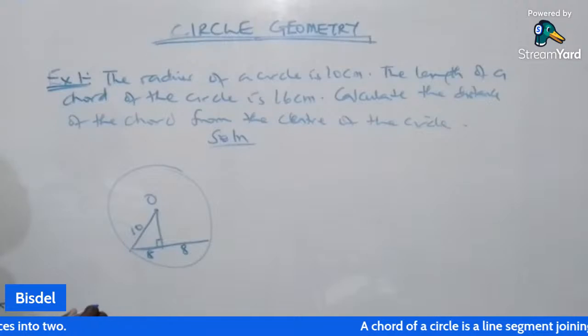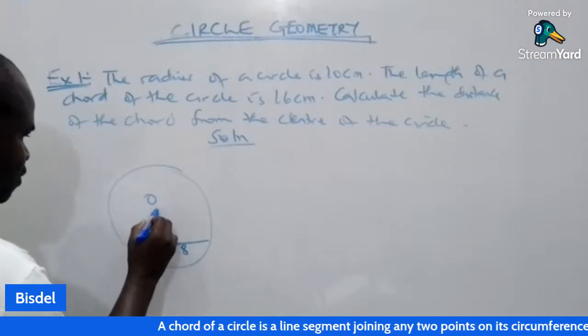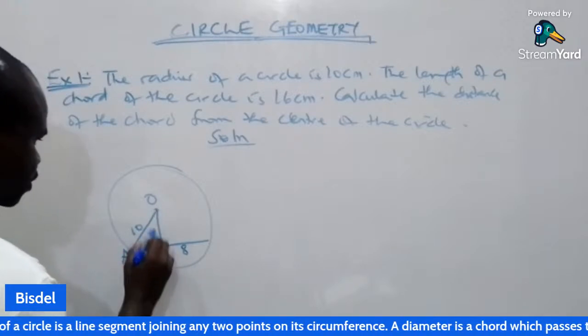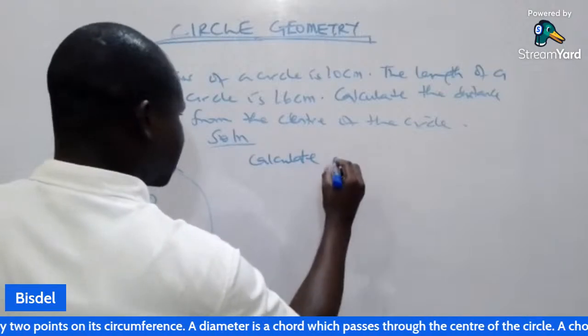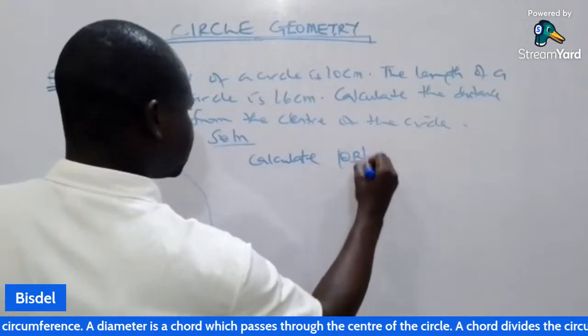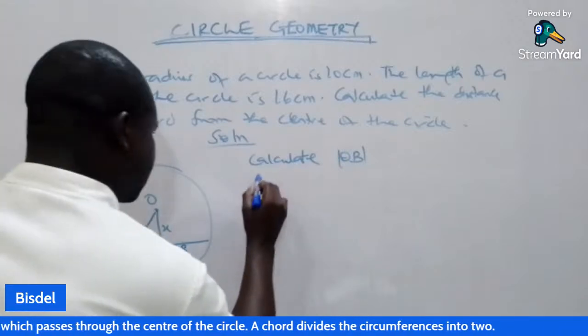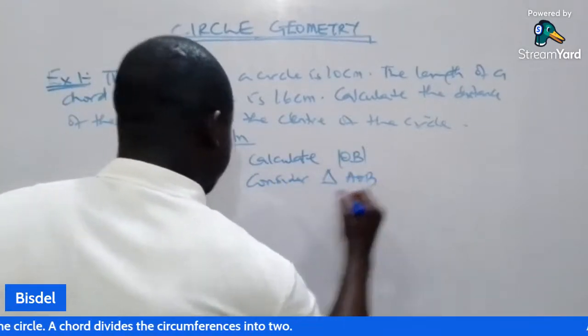We have to calculate the distance of the chord from the center. That is from the center to this point. So we can just name it AB. We want to calculate distance OB. That's what we want to calculate. So let's call it X. Then we just consider triangle AOB.